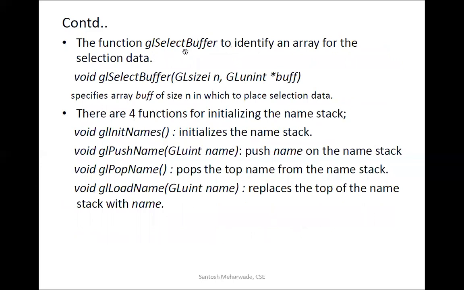The function glSelectBuffer identifies an array of selection data. It means you have selected some particular object and now you want to store it in a particular buffer, so we use glSelectBuffer. Here n is the size of the buffer, and buffer is the specific array of size n in which to place the selection data.